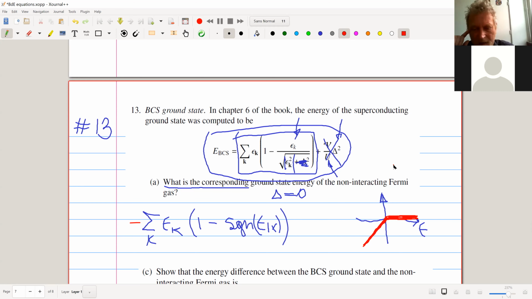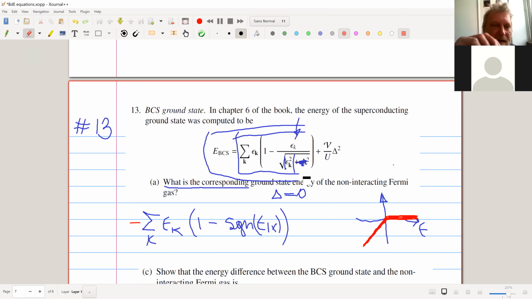I don't have questions. Sorry. All right. And now I want to understand what superconductivity gives to me. It gives me this contribution.